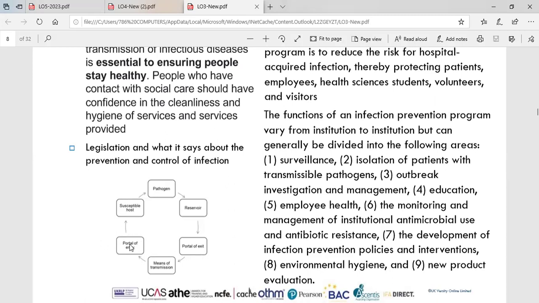There'll be a portal of entry. What's the portal of entry for water? The oral cavity, obviously. There's going to be a susceptible host. So every person will not contract that infection. There are certain people who will and certain people who will not. It depends upon your immunity, basically.